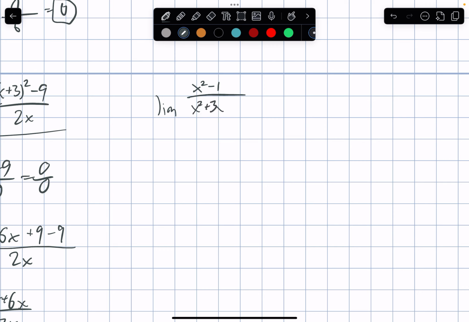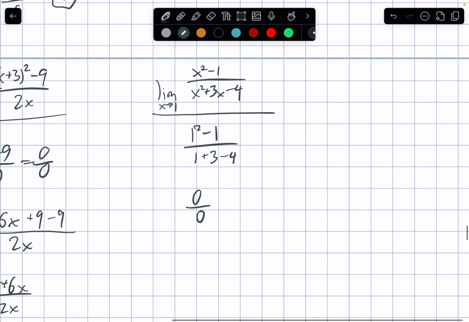x squared plus 3x minus 4 over x squared minus 1, as x approaches 1. 1 raised to 2 minus 1, okay, that's clearly 0. 1 plus 3 minus 4, 0 over 0, so you cannot directly substitute. So let's try something at the numerator.